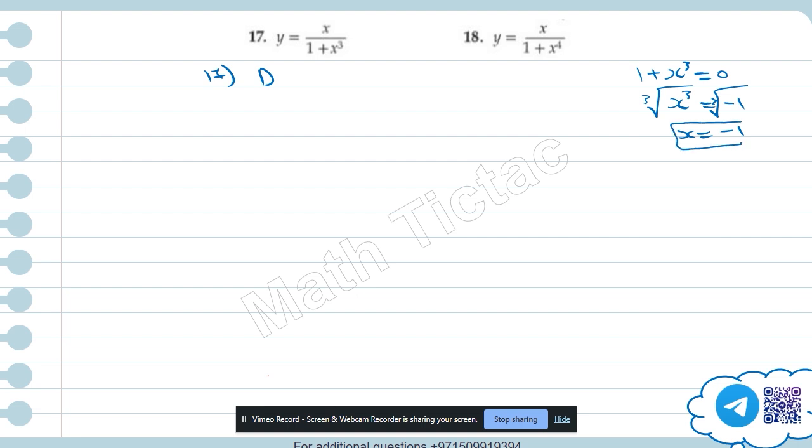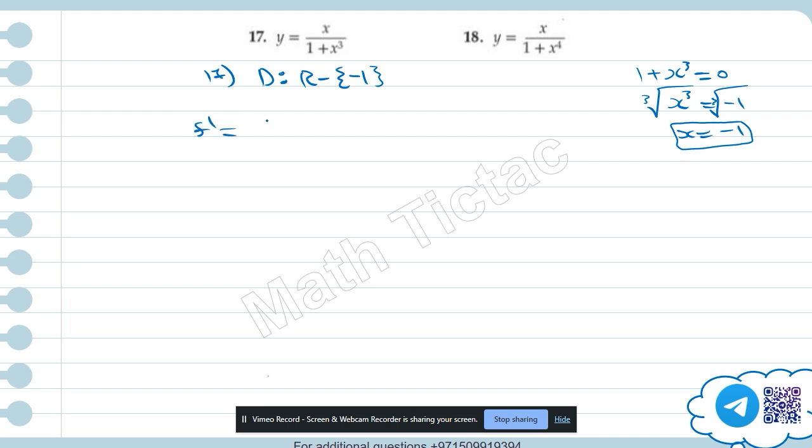Now, starting with finding the derivative: the denominator multiplied by the derivative of the numerator, which is 1, minus the numerator x multiplied by the derivative of the denominator, which is 3x squared, divided by the denominator squared. Let's simplify it a little bit.